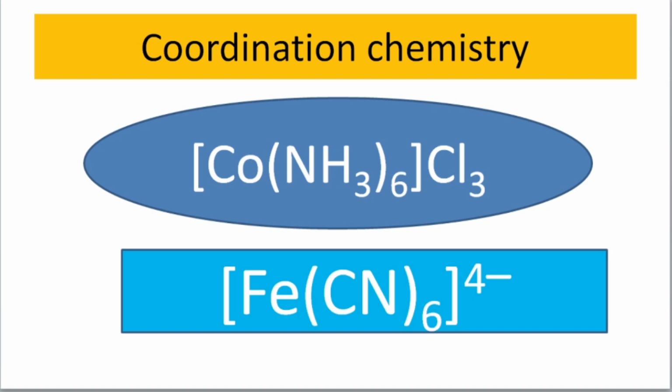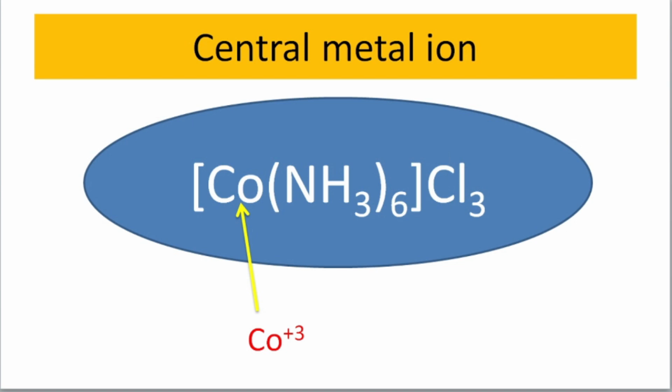See now the next term, central metal ion. In this coordination compound, Co(NH3)6Cl3, cobalt is at the center. While writing the representation you find it at one end, but in true sense that metal ion is at the center, and around it other neutral species, anionic species, ligand species, electron lone pair donating species exist.